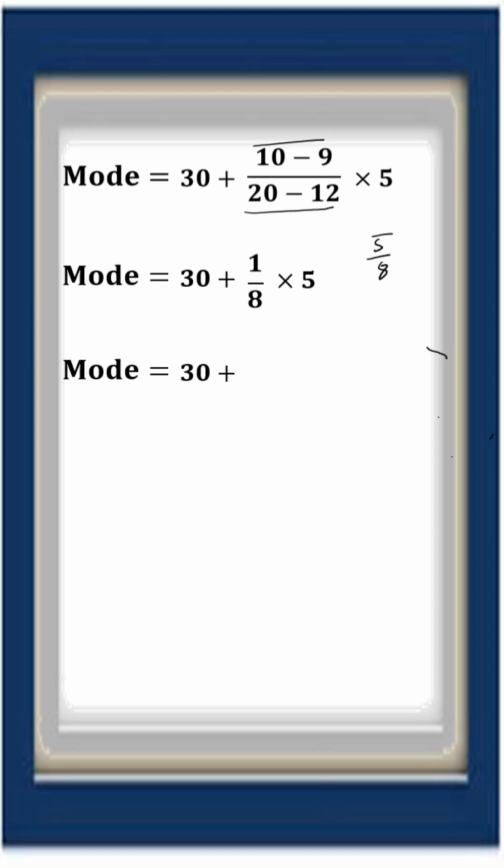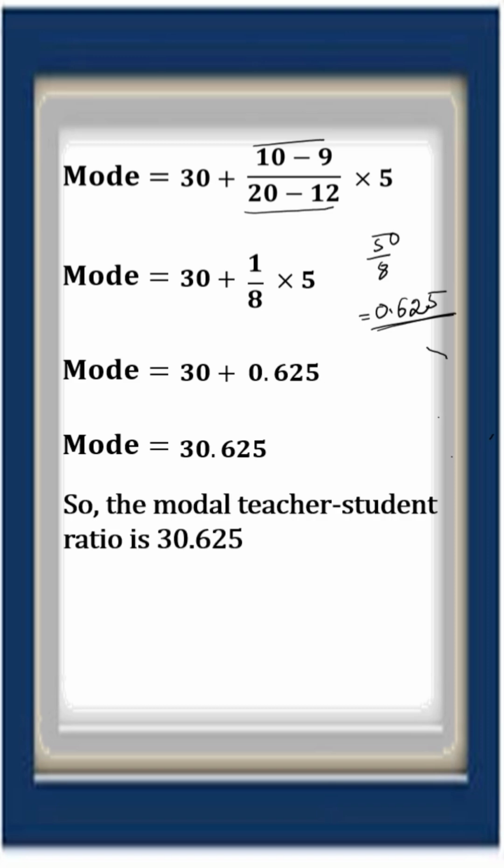So mode is equal to 30 plus 5 by 8, which is 0.625. So mode is equal to 30.625. So the modal teacher-student ratio is 30.625.